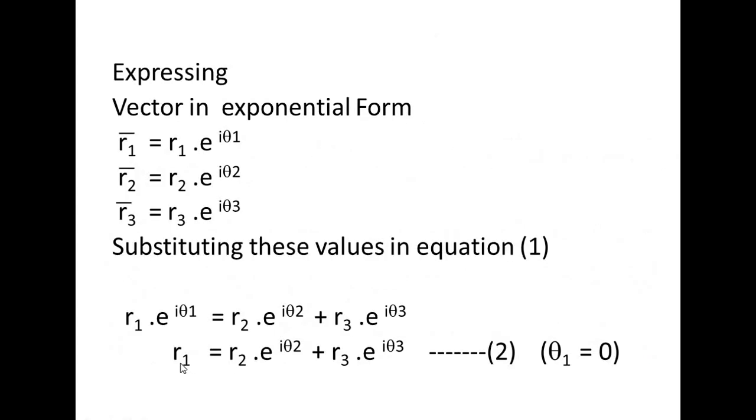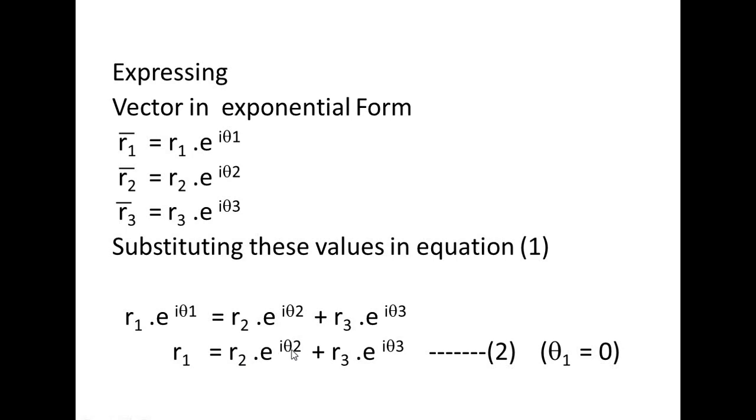This r1 vector, if you differentiate, you will get r1 dot. Why? Because this is a variable, not a constant value, and r2 is a constant value. So you separate the constant term outside, and differentiate e to the power of I theta 2.